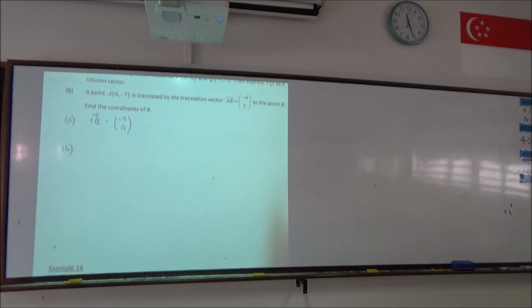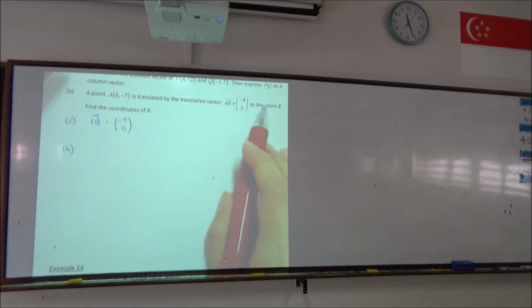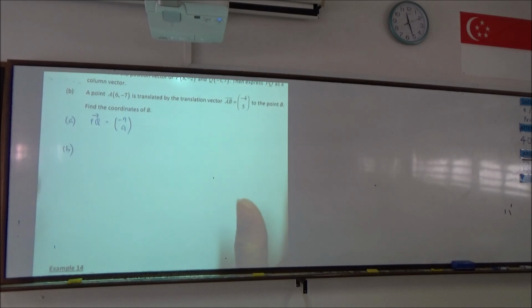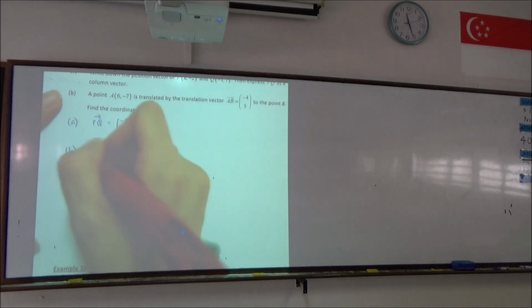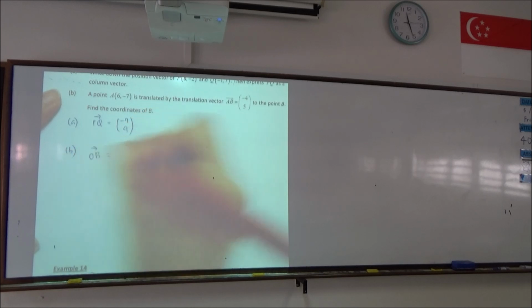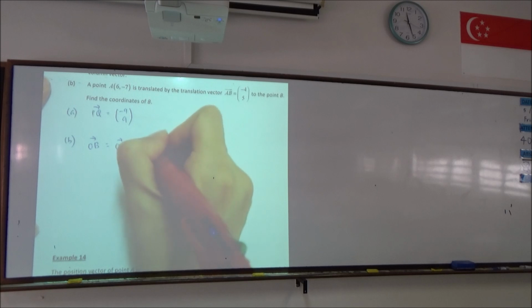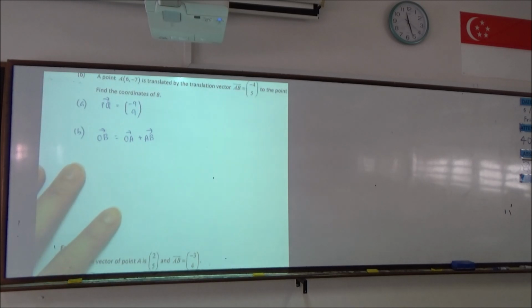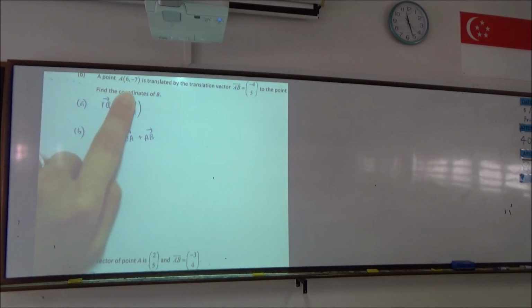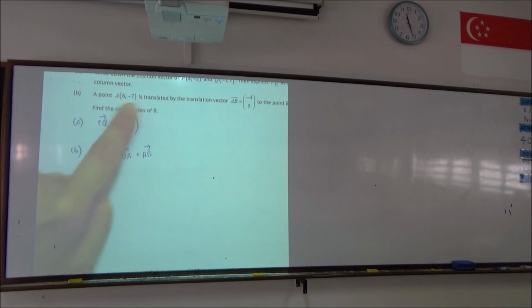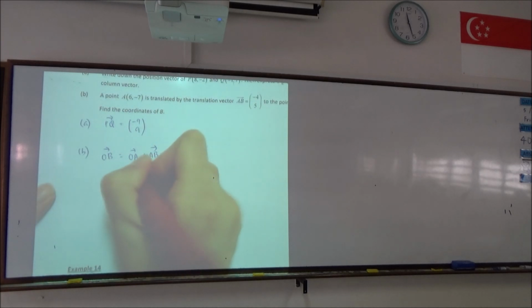Very simply, even if you don't understand translation, you need to know the basics of how addition and subtraction work, based on the notation. So I could see OB as a sum of OA plus AB. Do you all agree? I know OA because I am given the coordinates 6, negative 7.